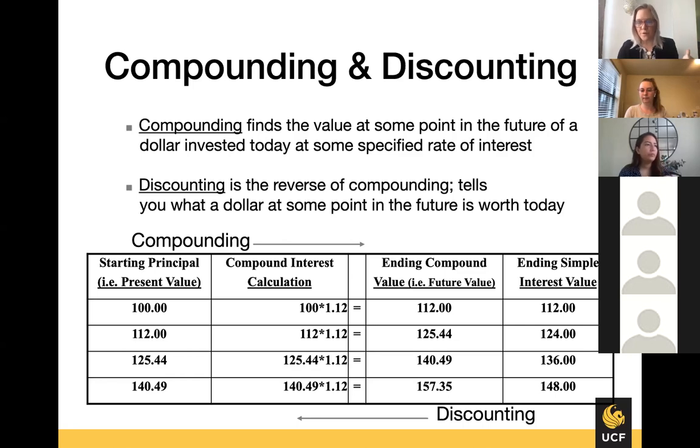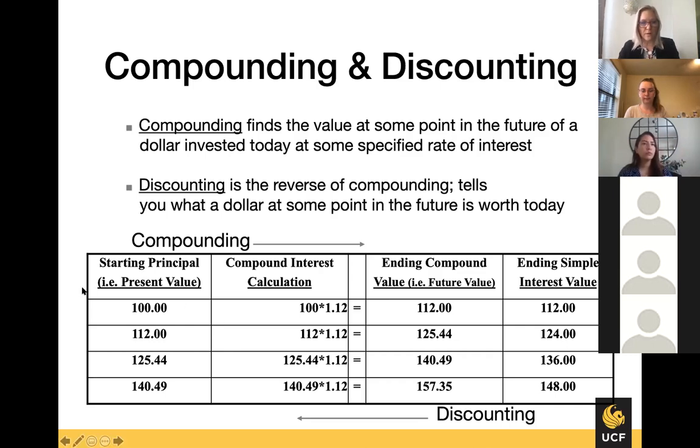It is the reverse of compounding. So discounting is when we're coming backwards in time, but it's useful because it helps us to determine how much of an amount of money that we might receive in the future is going to be worth today. So discounting is essentially the process of reversing all of the compound interest that would occur between now and in the future.